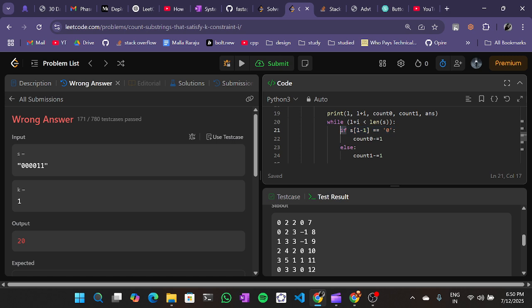Now it might trigger a problem. So it should be +1 here.